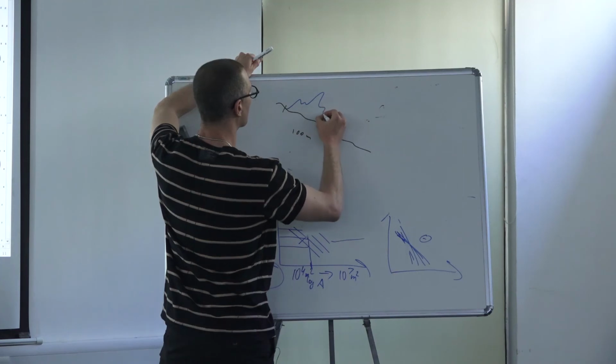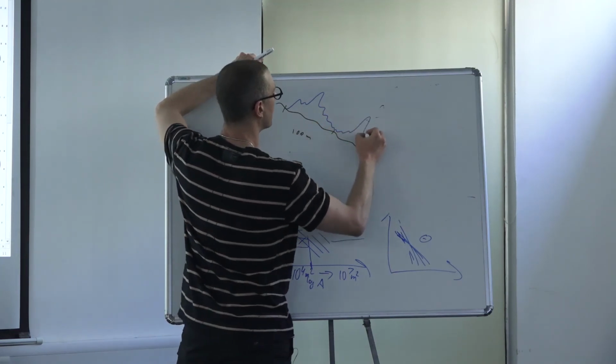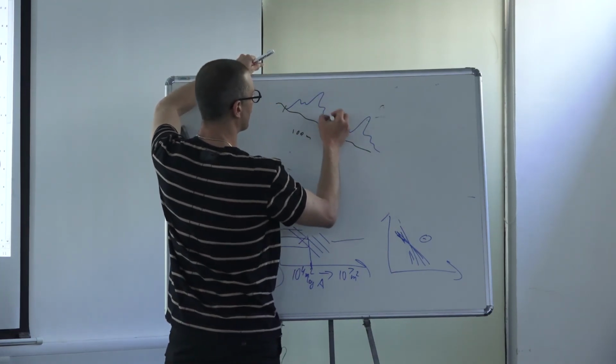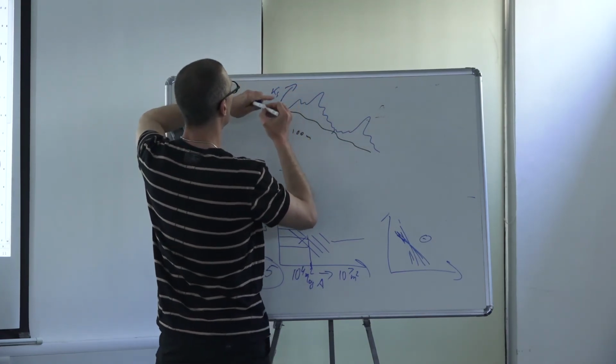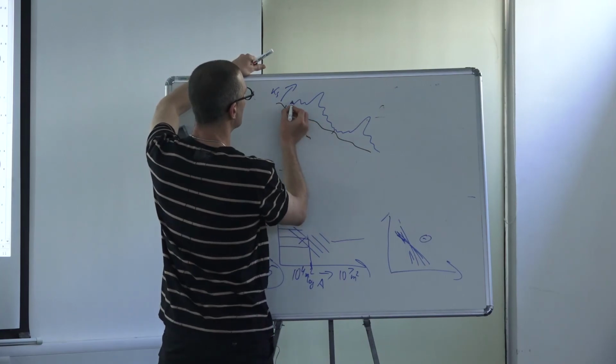So if these are your steepness indices, low, and these are low steepness indices, so this is your KS, then aggregation means that you are essentially taking an average here.